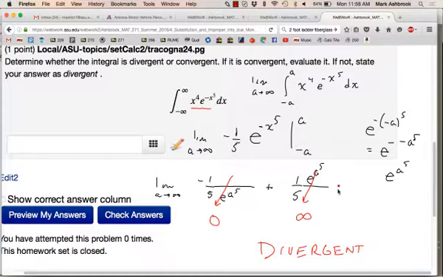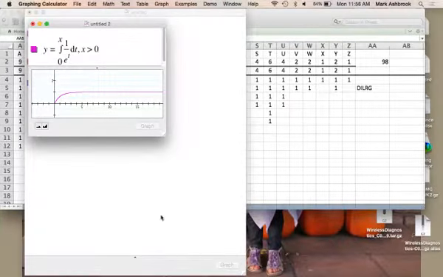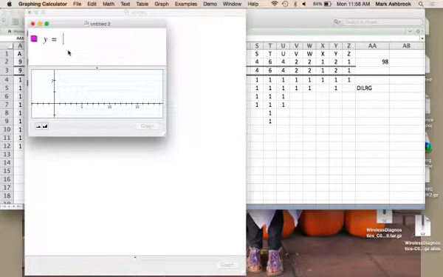So if I graph that rate function, what was it? x to the sixth? Was it sixth? x to the fourth. Fourth, thank you. e to the negative x to the fifth.